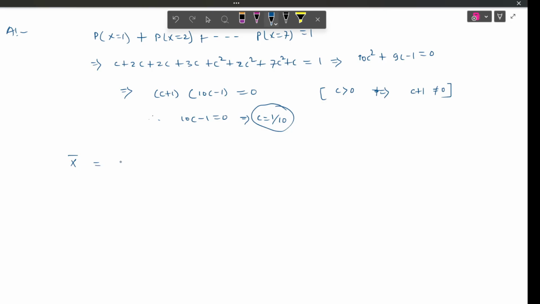Mean is summation i equals 1 to 7 xi, probability of x equals xi, xipi, right? So we can say that this is equal to summation i equals 1 to 7 i into probability of x equals i.